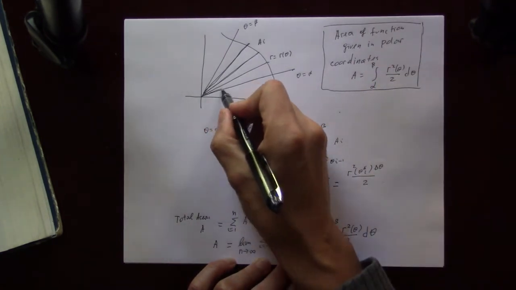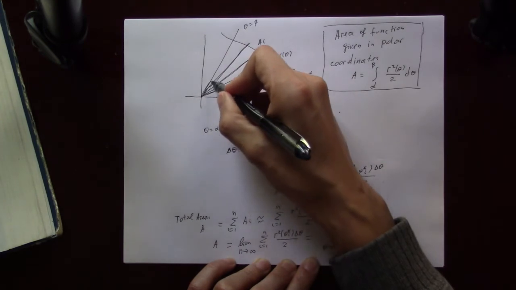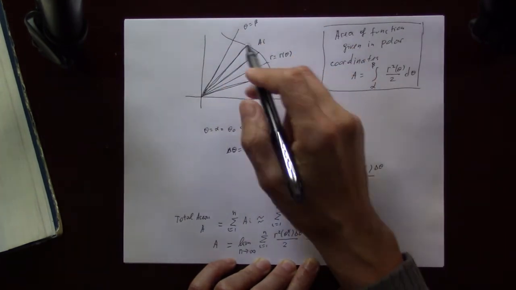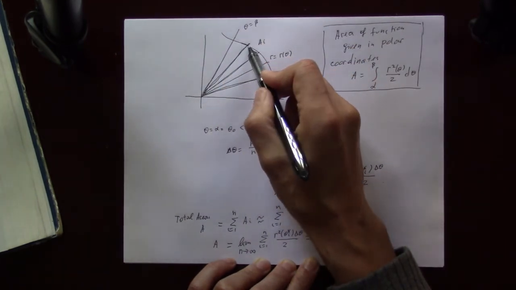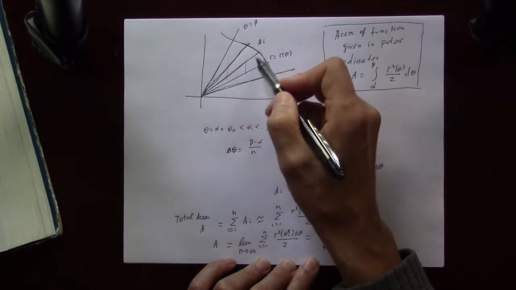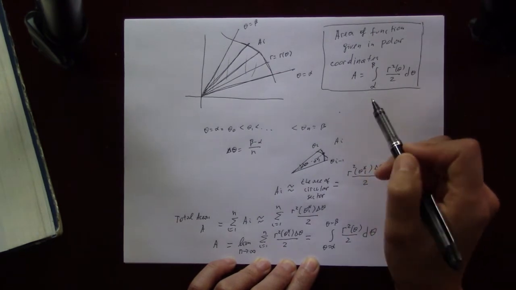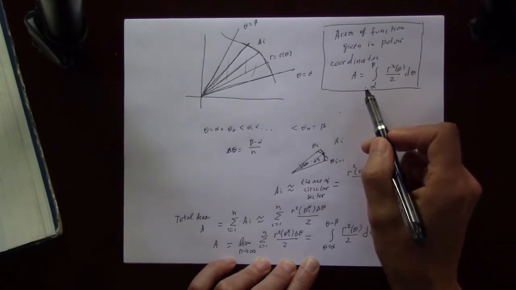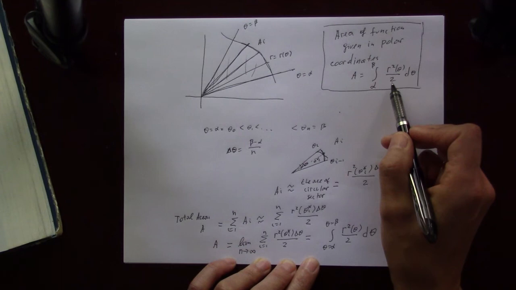So that's the picture we're referring to: angle theta equals alpha, angle theta equals beta, and our curve. If we want to calculate this area, we calculate it by the formula area equals the integral from alpha to beta of r squared over 2 d theta.